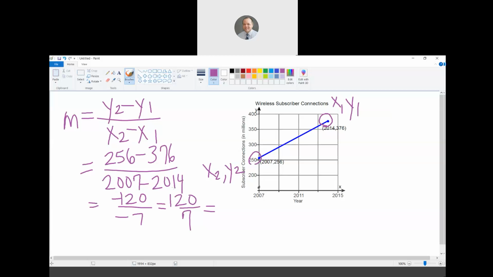Now you'll get this particular answer. It would be 17.14 something. My math lab wants your slope rounded to the nearest whole number. So our slope would be roughly 17.